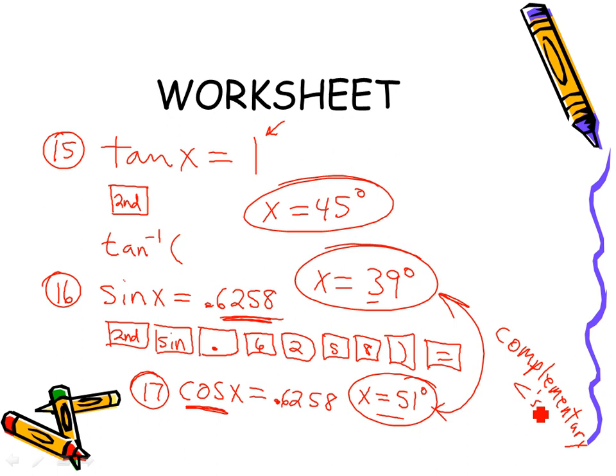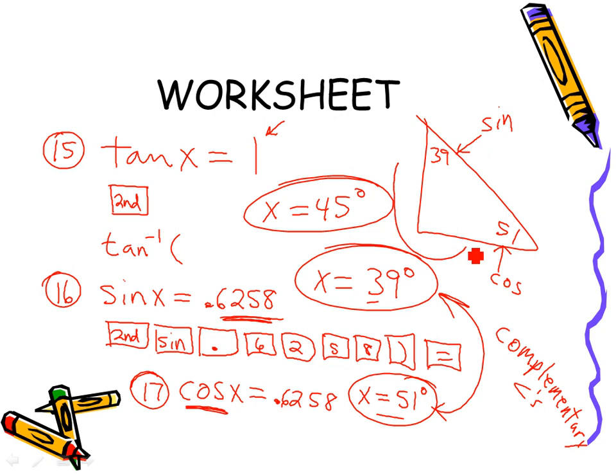So if you have a right triangle, and this angle is 39 degrees, this angle is 51, the cosine of this angle is going to be the same number as the sine of that angle, because the opposite and adjacent legs switch back and forth there.